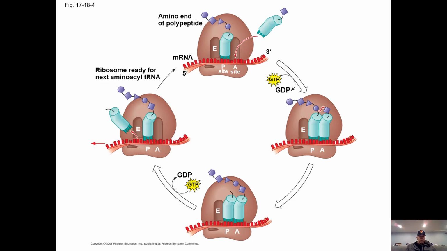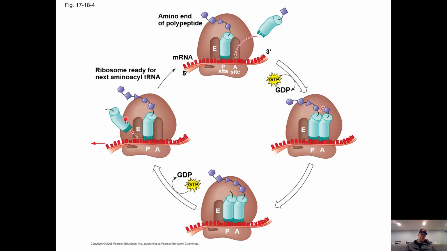And then we can start this process all over again, because then we have the tRNA, it's sitting in the P site, it's holding onto a polypeptide. This transfer RNA that has an amino acid lands in the A site. They make this peptide bond. The ribosome moves over.